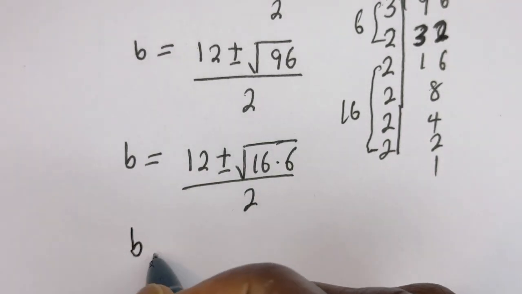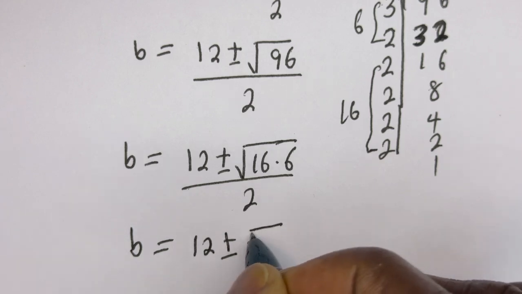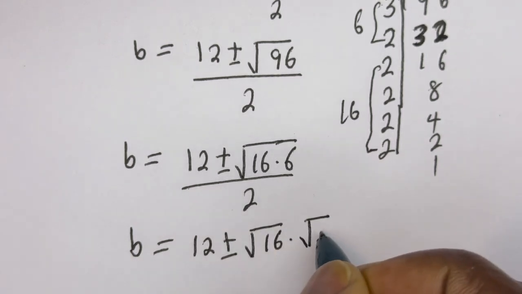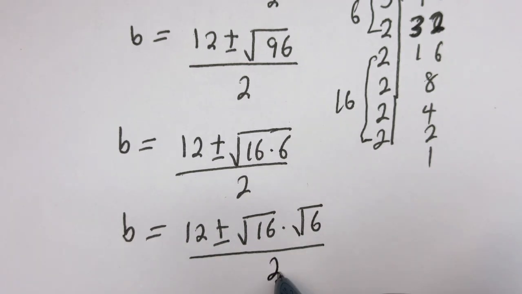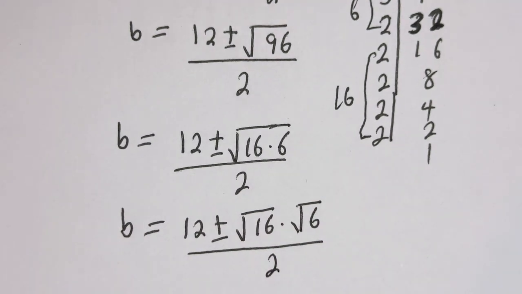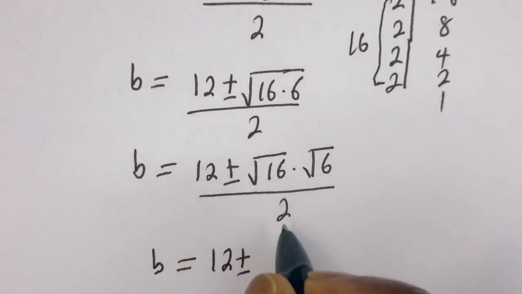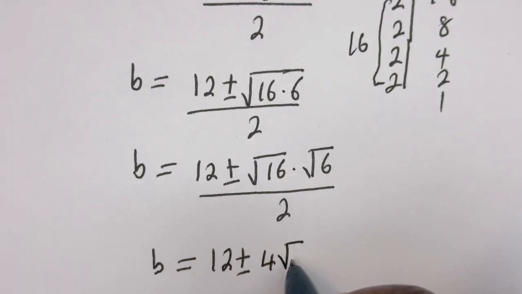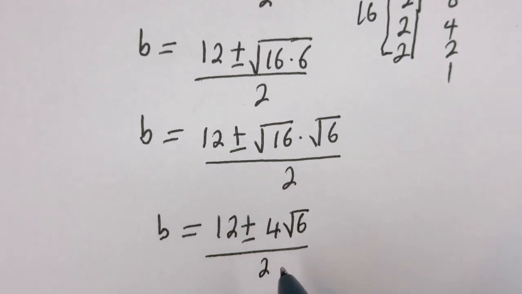Here, b is equal to 12 plus or minus square root of 16 multiplied by square root of 6, divided by 2. The square root of 16 is 4, and so we have root 6, divided by 2.